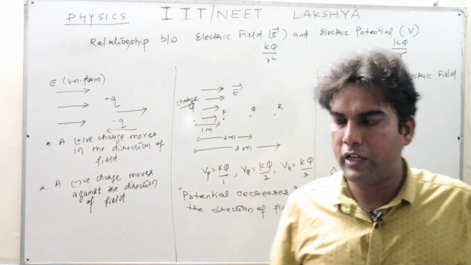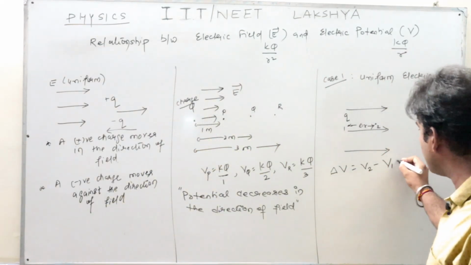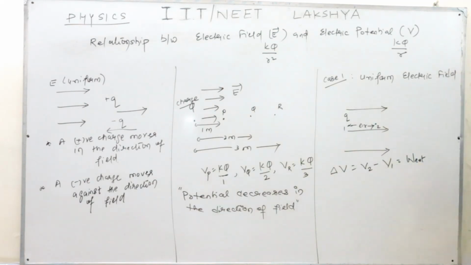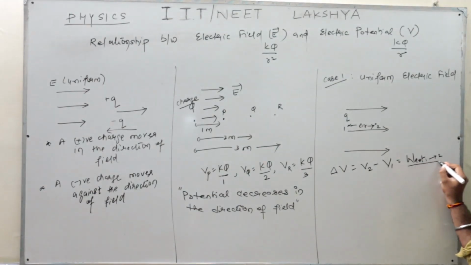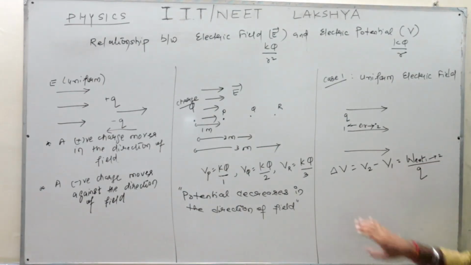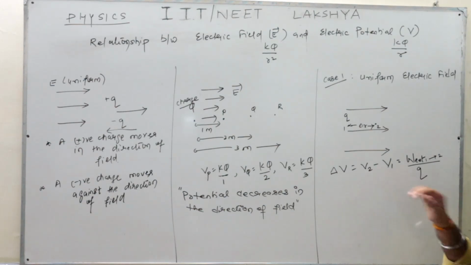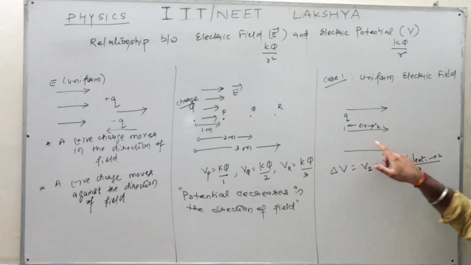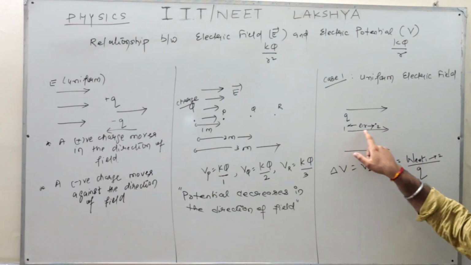So I told you how to derive this V2 minus V1. This is nothing but work done by an external force to take a charge from point 1 to point 2 divided by its magnitude. Potential difference is nothing but V2 minus V1, because that is final minus initial, which is equal to work done by an external force to take a point charge from position 1 to position 2.